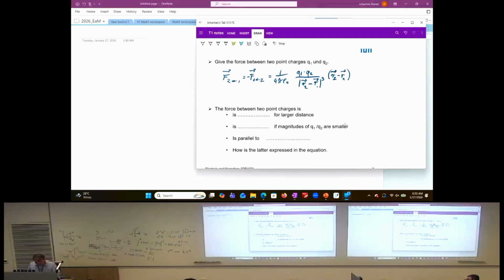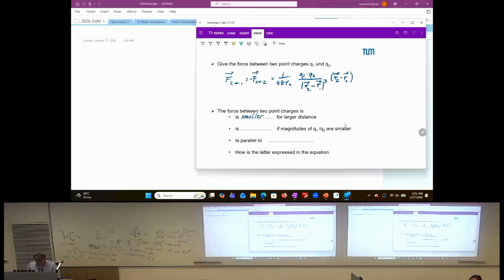So what does it imply? The force between two point charges, how is it changing for larger distances? Is it becoming smaller or larger? Smaller. And what about if the magnitudes of Q1 respectively Q2 are getting smaller?